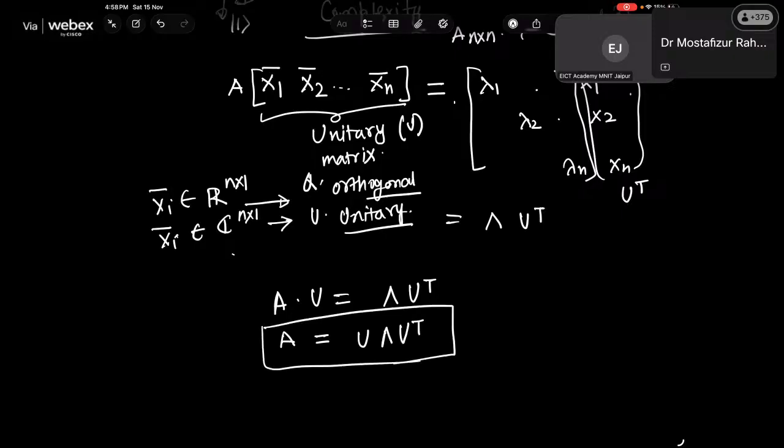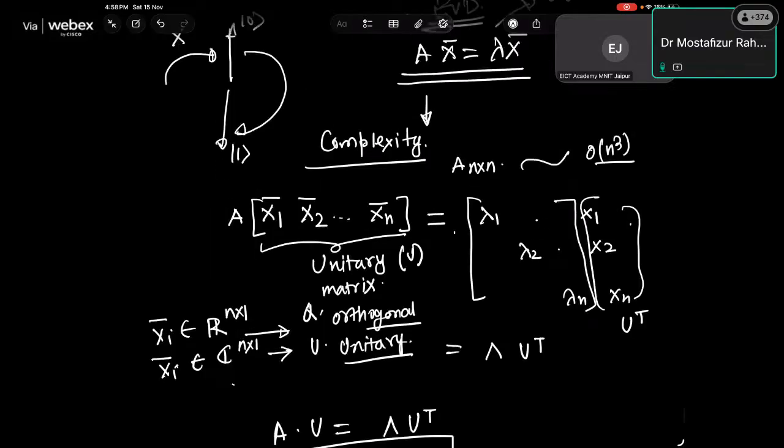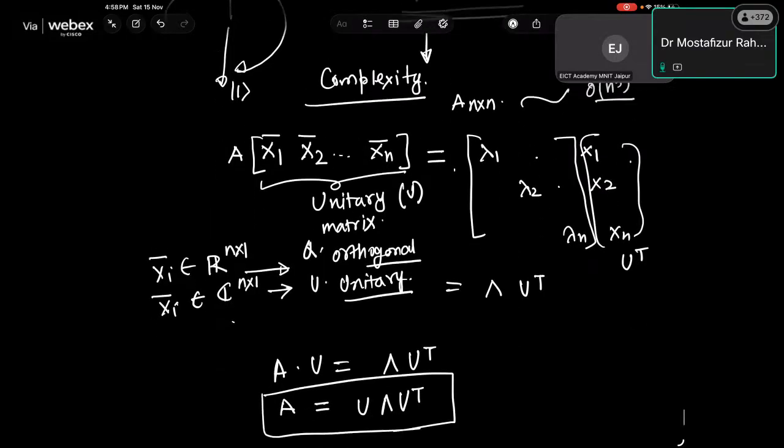There is a dimensionality matching I have to do.